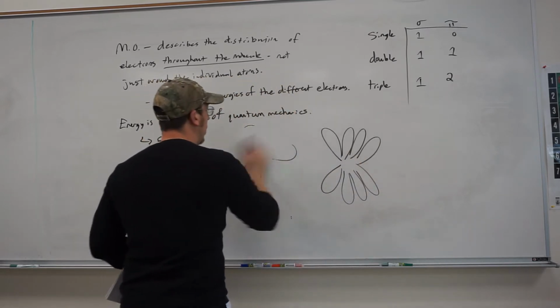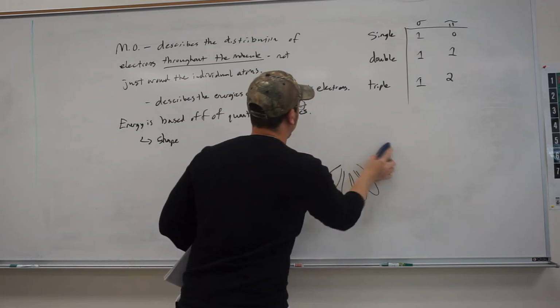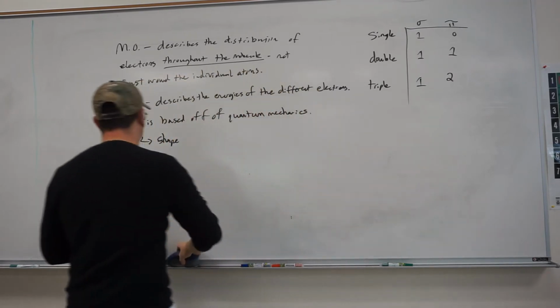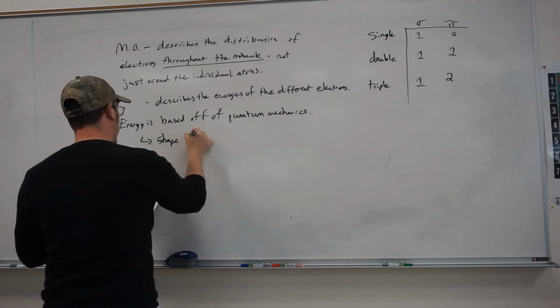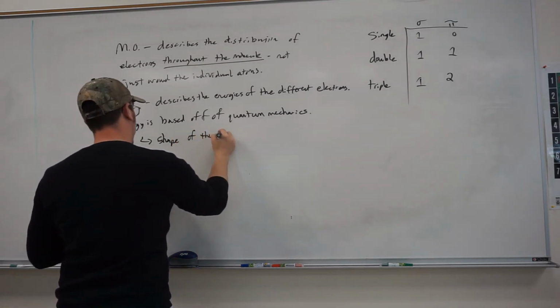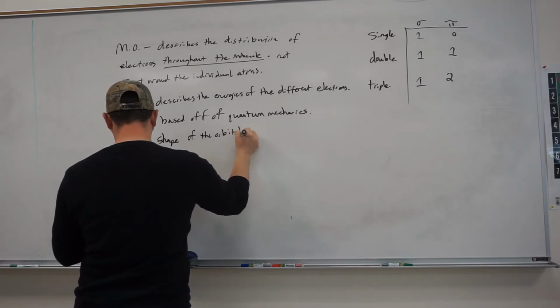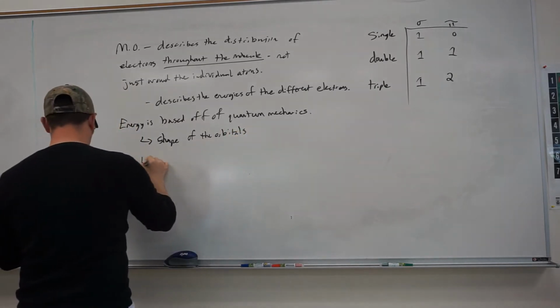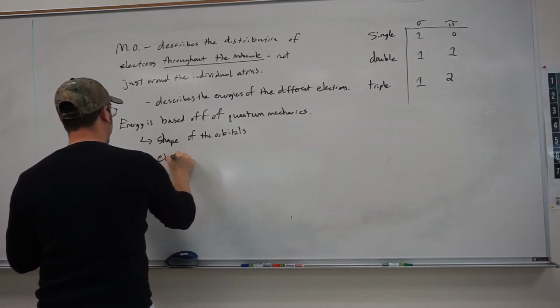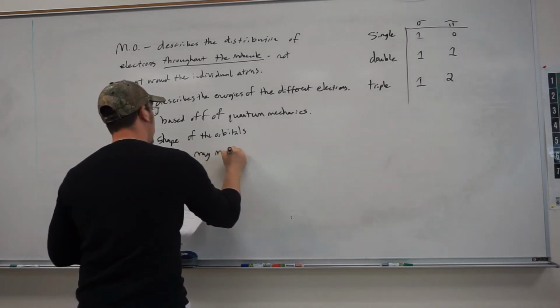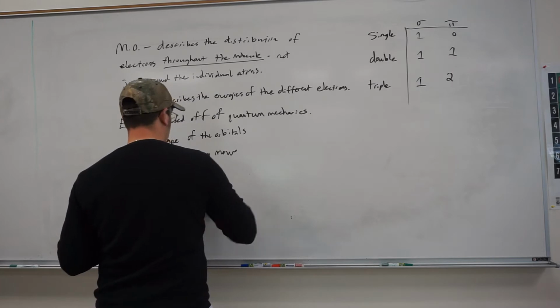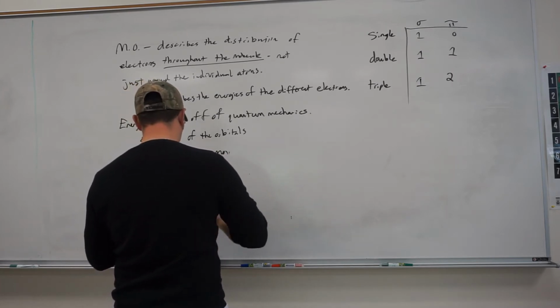But we're not going to be looking at the D or the F because we're only focused on the S and the P. So it's the shape of the orbitals. And it's the fact that the electrons may move around the entire molecule.